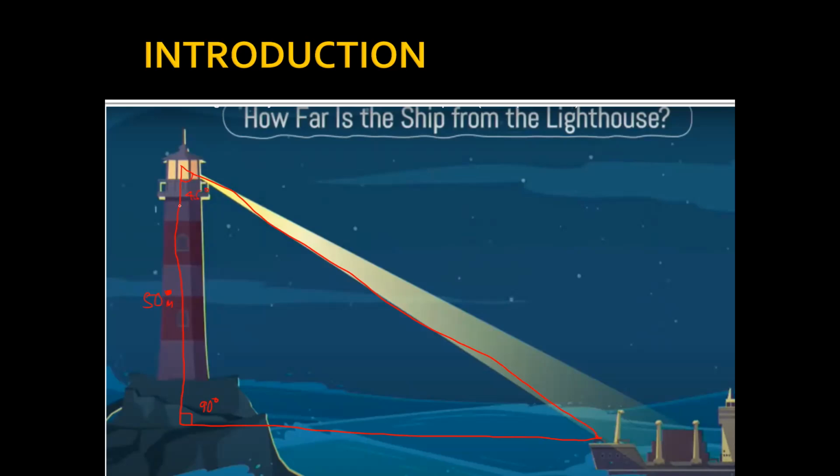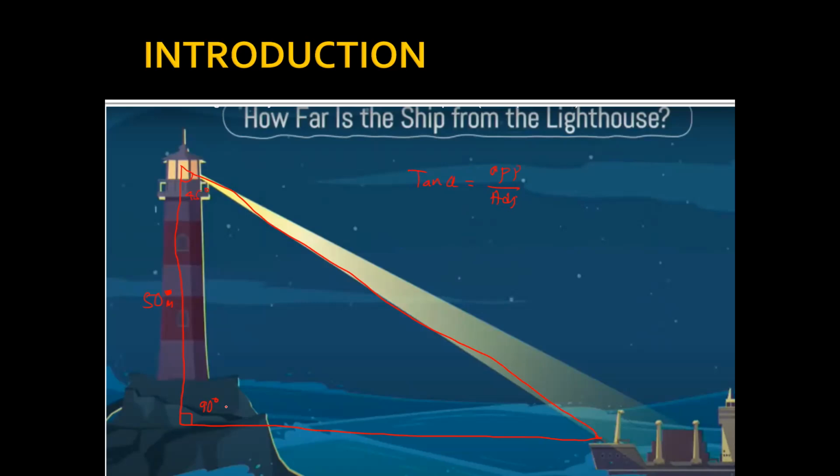Or we can say if the angle is here, then the opposite side we need to find. And if we are able to find the opposite side, then we are able to find the distance between lighthouse and ship. Okay, so here I'm going to apply tan theta, and the ratio of tan is what? The ratio of tan is opposite by adjacent, isn't it? So we need to find the opposite side.